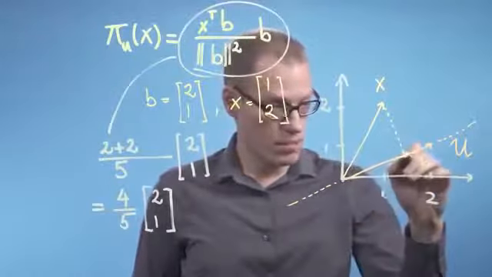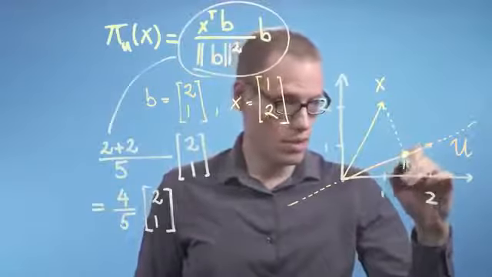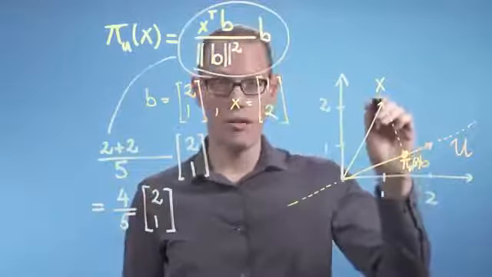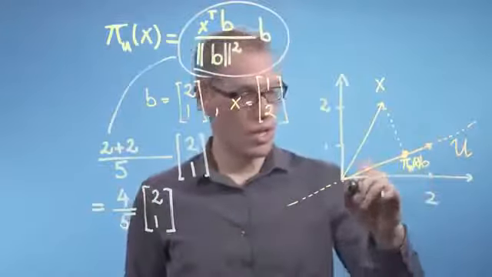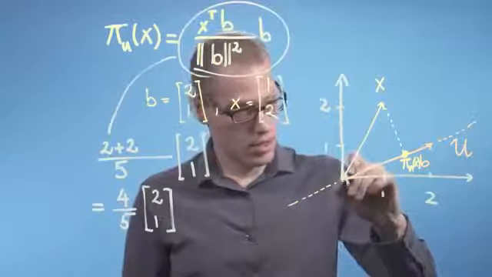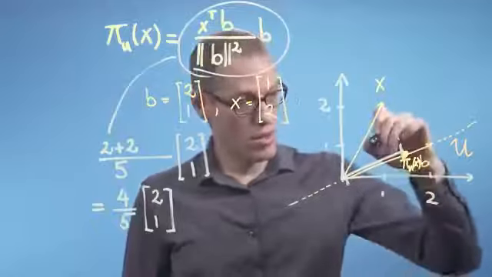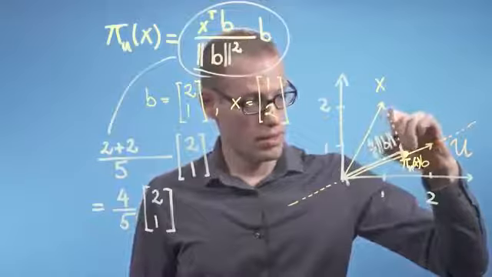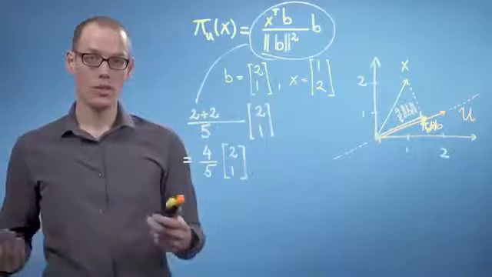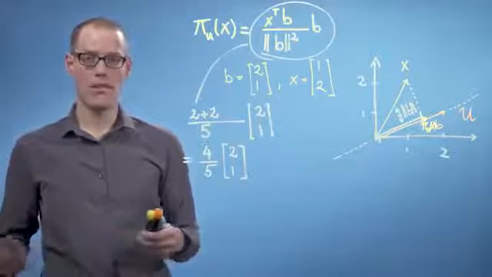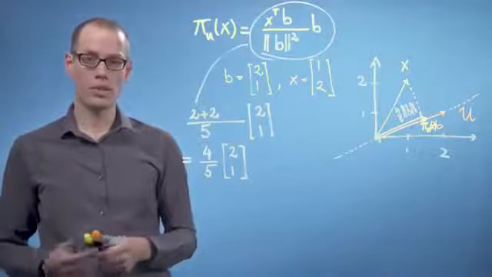So this point here is now pi u of x, the orthogonal projection of x onto U. And the length of this segment is 4/5 times the length of b. We've gone through orthogonal projections onto one-dimensional subspaces. In the next video, we're going to look at orthogonal projections onto higher-dimensional subspaces.